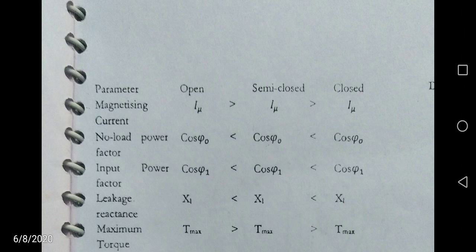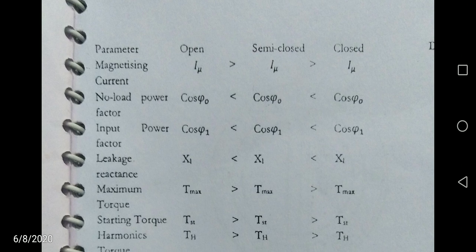So no load power factor and input power factor both have the same proportionality, and here the leakage reactance is less. So in open slot leakage reactance is very less. In closed slot leakage reactance is more.